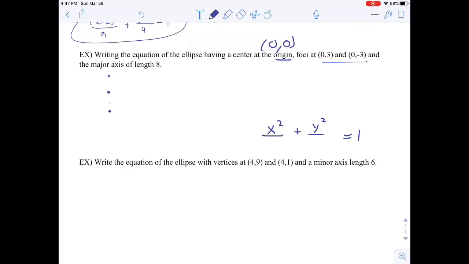They tell us the major axis has a length of 8. That means going from top to bottom is a length of 8. So going from the center up and the center down would each be 4. That means A is 4, so A squared would be 16.